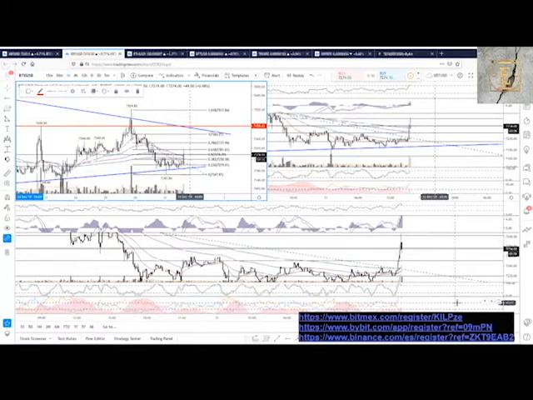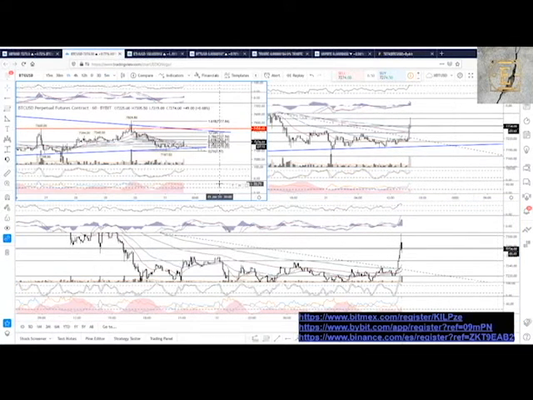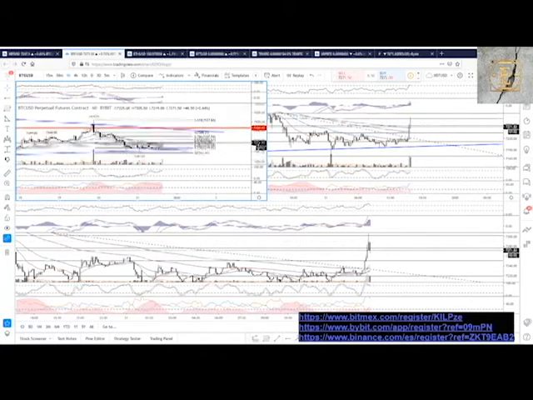But reacting again, seven minutes in order for bears to take control.